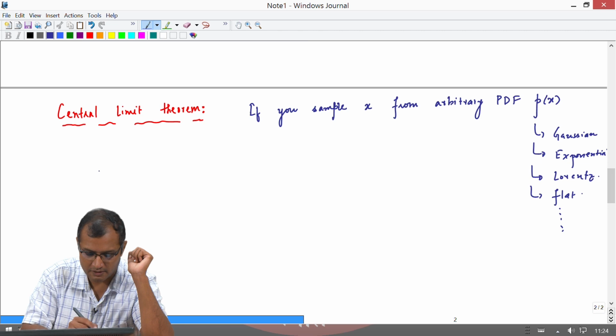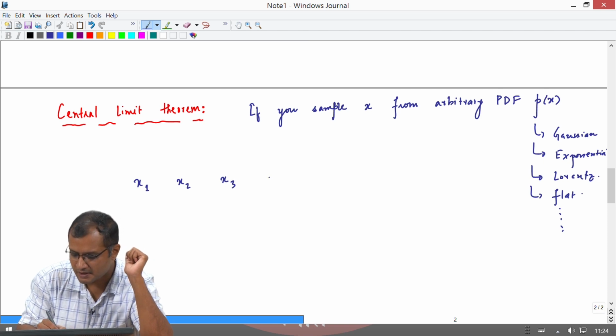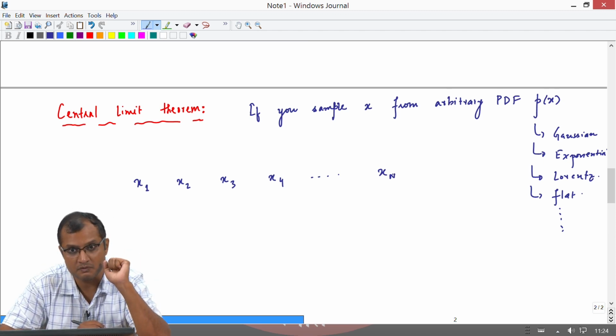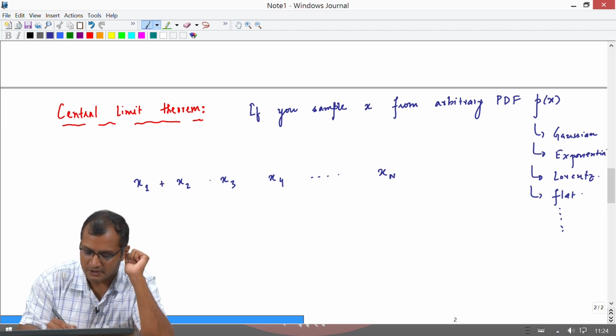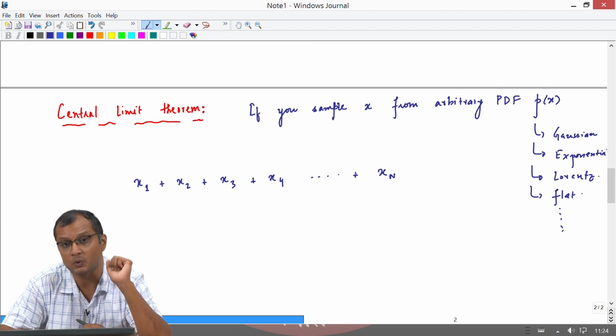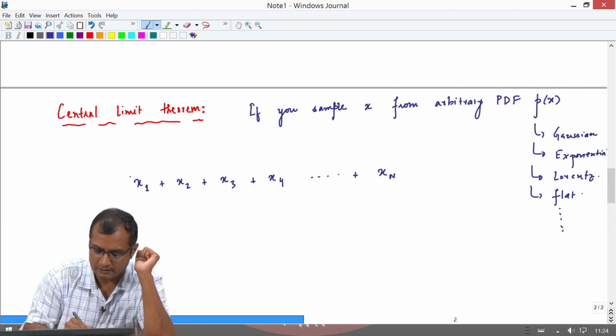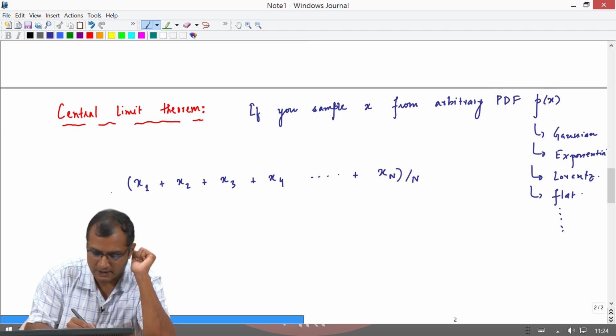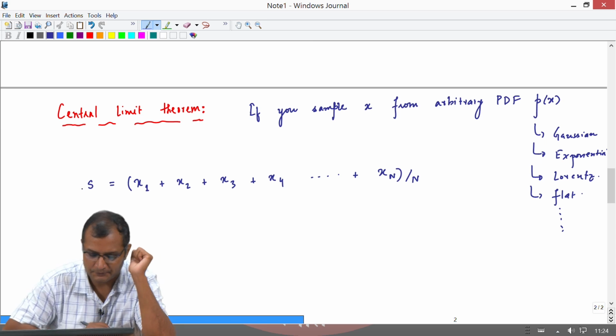Let us say you take n variables x1, x2, x3, x4 all the way to xn. You take n random variables from this distribution p of x, okay, and you compute the sum, okay, and take the mean of this sum and call it a new variable s.